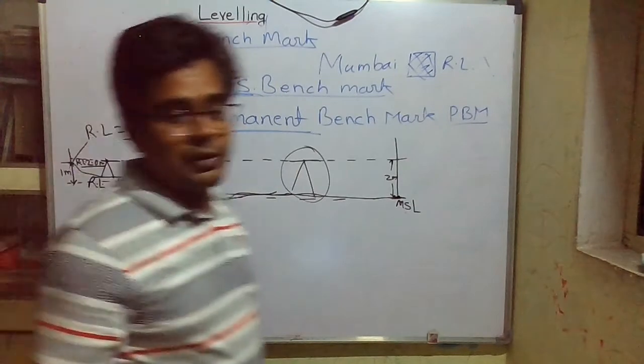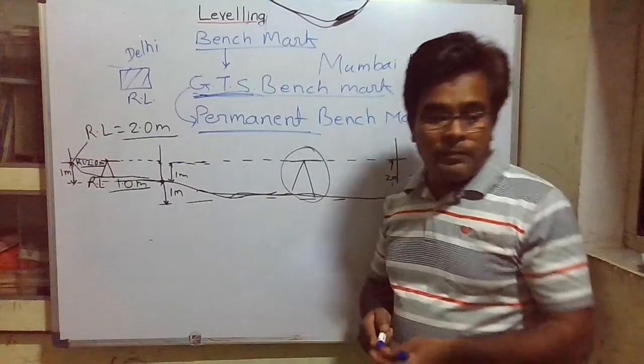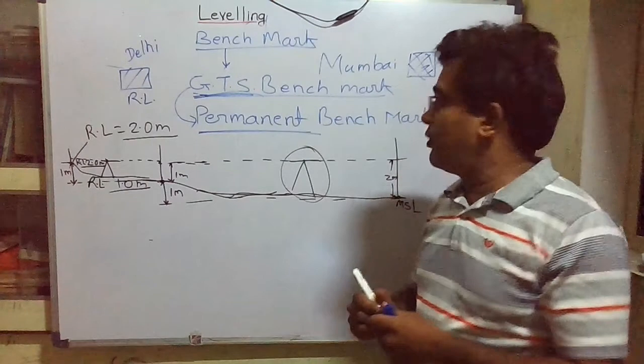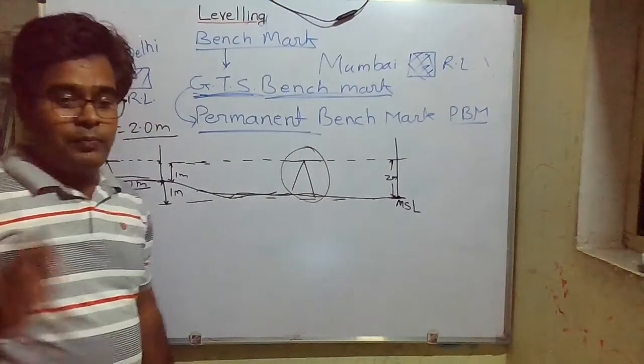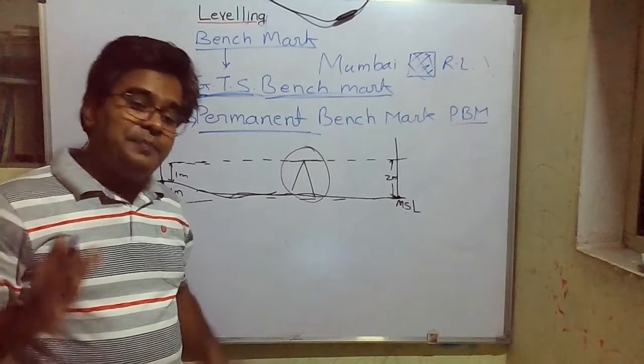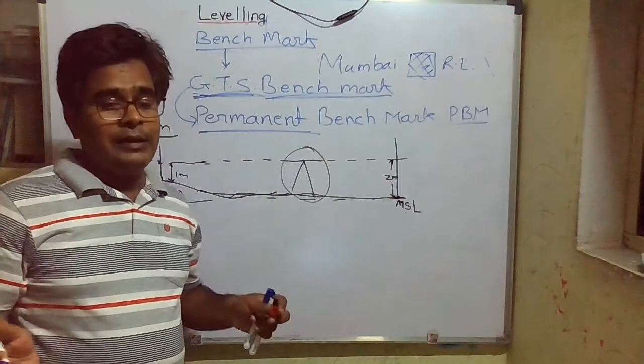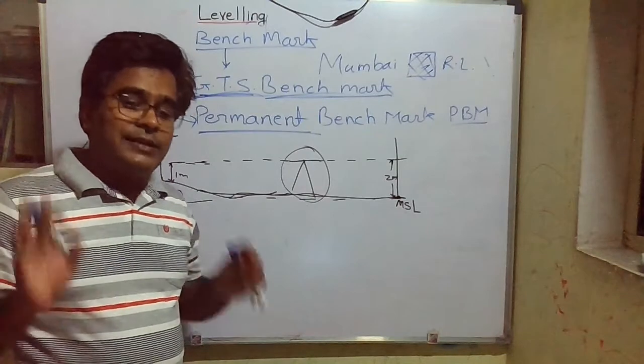Suppose there is an office of PWD. They will mark it at the plinth level of the PWD office. And one more important thing for the benchmark: these benchmarks are marked so that they do not get easily disturbed.